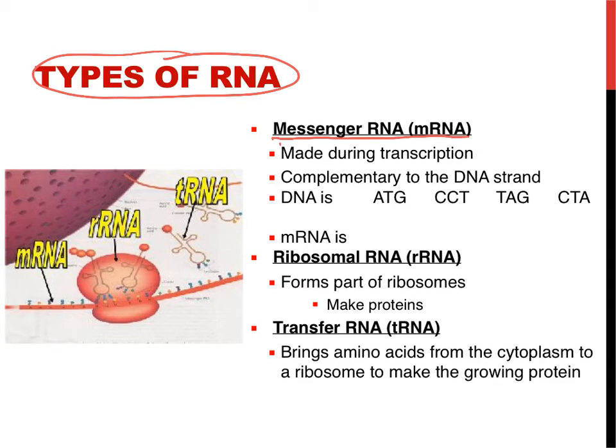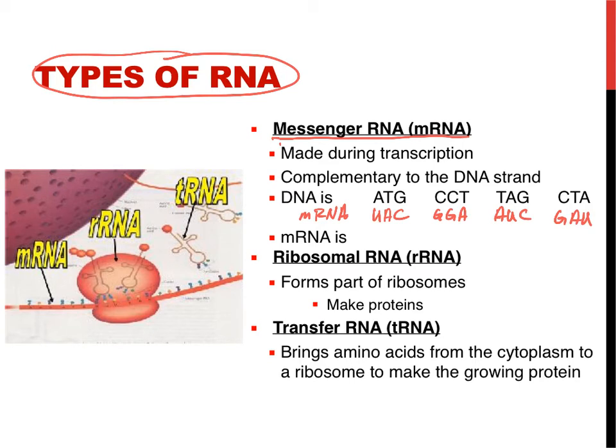If the DNA sequence was ATG, CCT, TAG, and CTA, the messenger RNA complement that would form from this would be UAC, GGA, AUC, and GAU. Okay, this is messenger RNA.